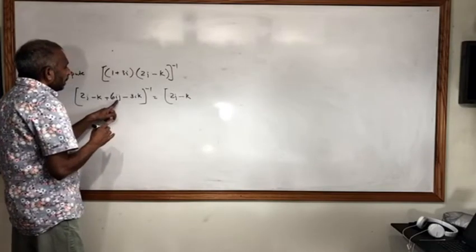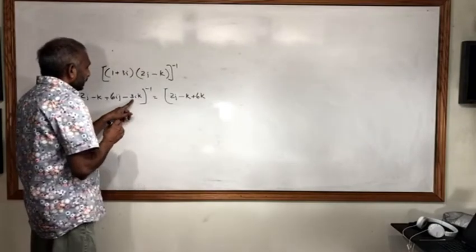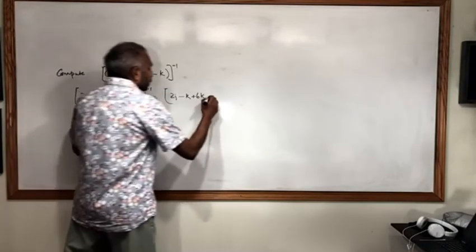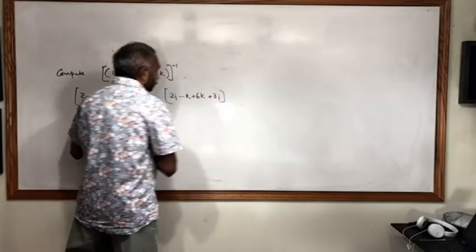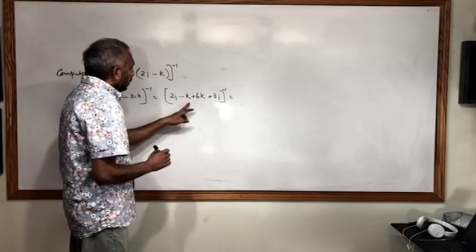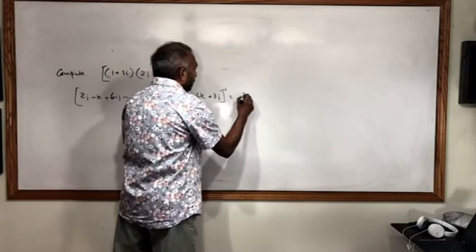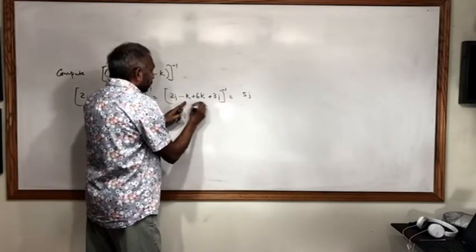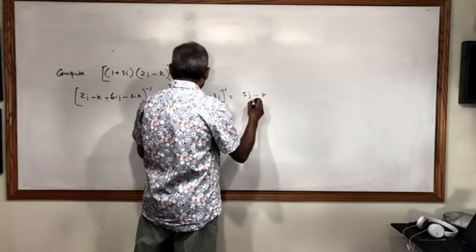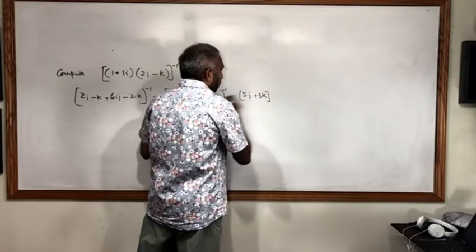This is k, so plus 6k. This is minus j, so this is minus 3j) inverse, and that is equal to (3j plus 2j, 5j, this is going to be minus 5k, sorry, plus 5k) inverse.